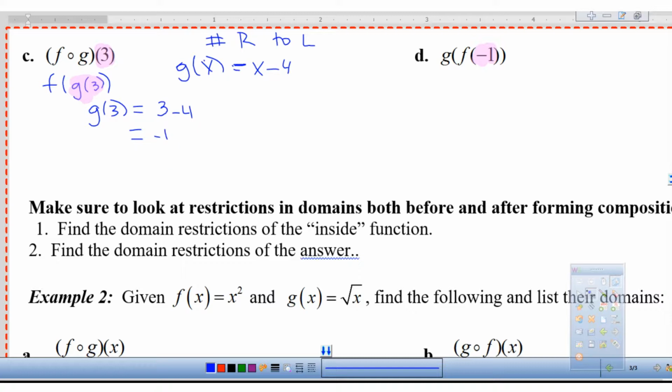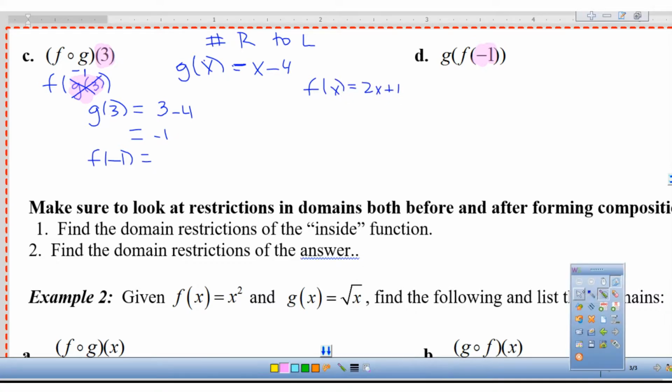Now watch this. It'll help you to understand it. I just figured out that g of 3 was negative 1. So I could literally replace that with the negative 1 because that's what it's equal to. Then you're just going to find f of negative 1. Your f of x equation, if you look up above, is 2x plus 1.